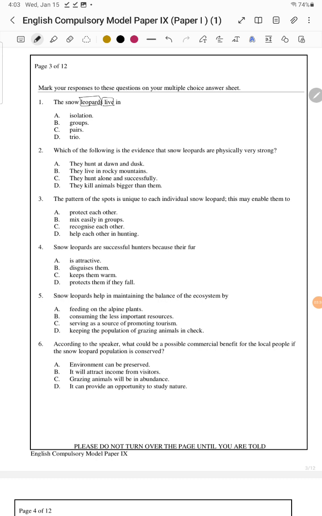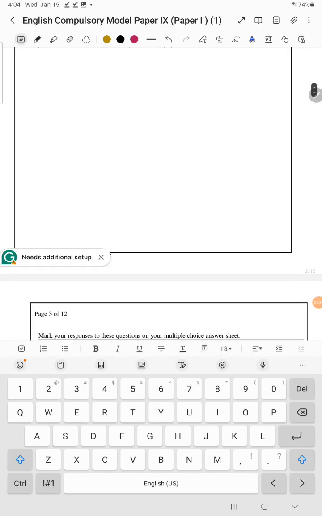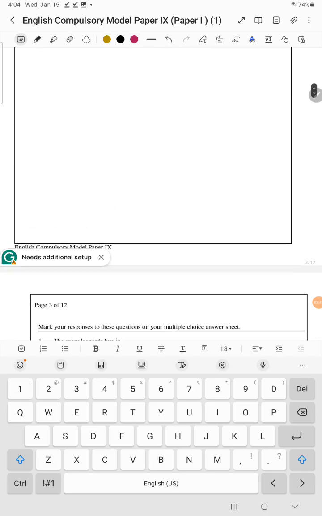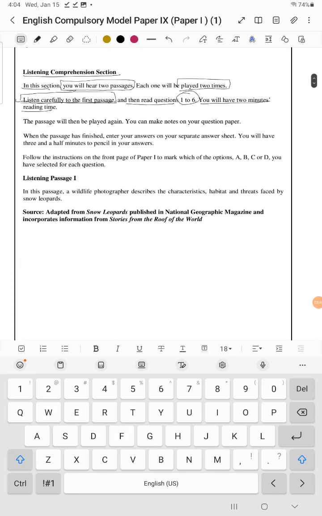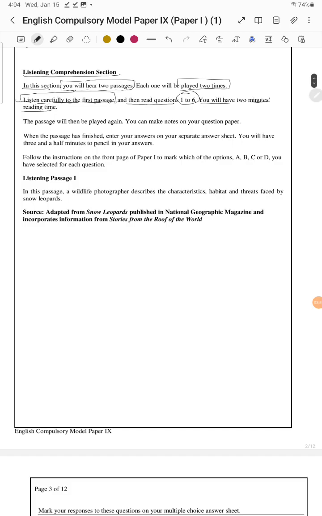In accordance with these keywords, I will highlight them in this 2 minutes reading time. Then after you read all the questions, the passage will be played again. You can make notes on your question paper as well. It totally depends on you whether you want to make notes while hearing the passage.